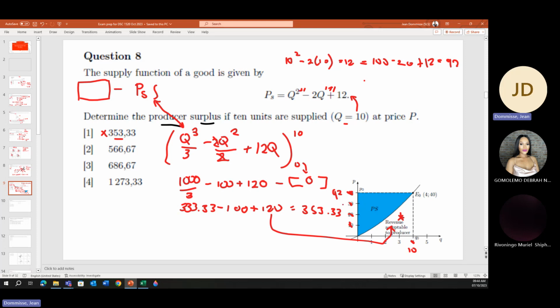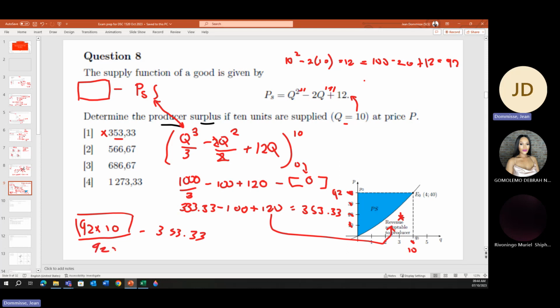We need to say 92 times 10, which is that square, minus the integral that we have now worked out.